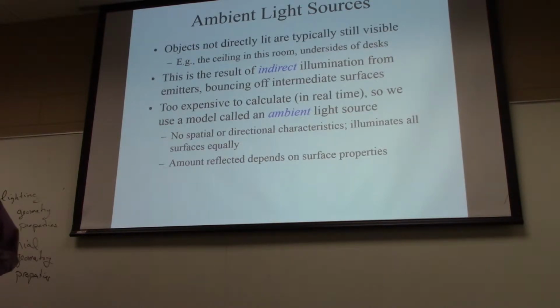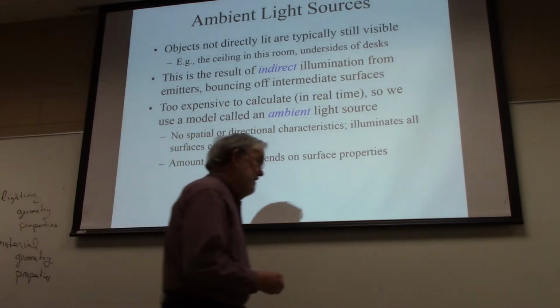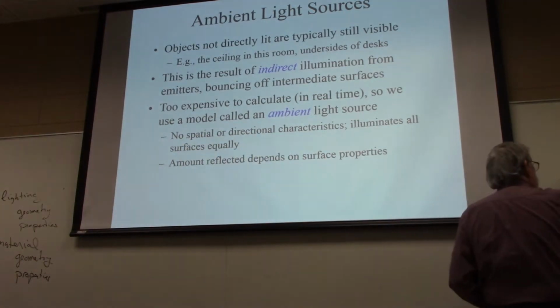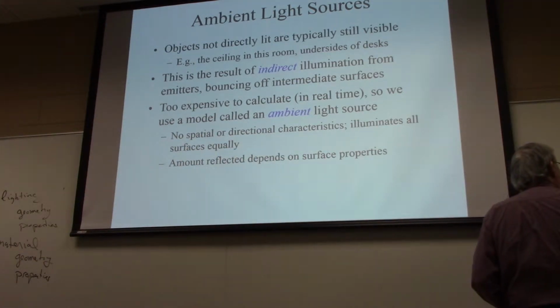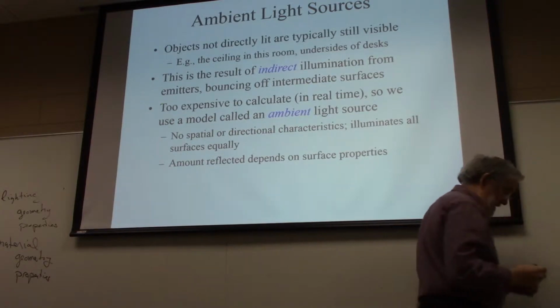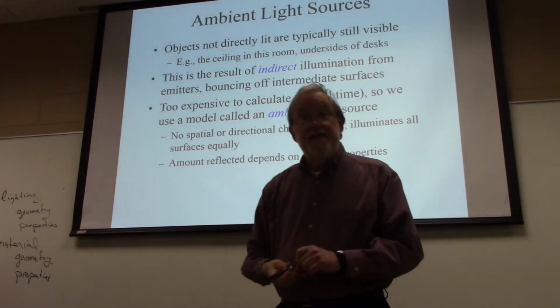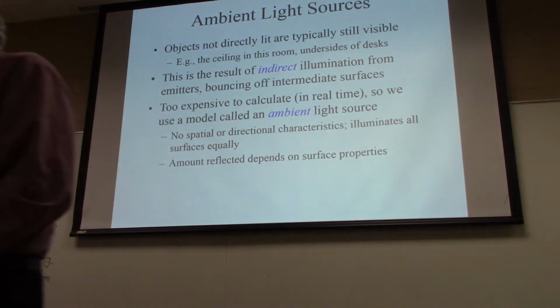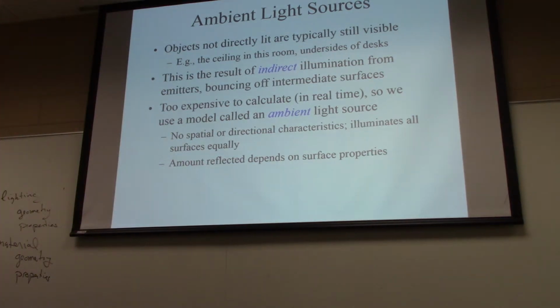Okay, ambient light sources. Talking about light that does not have a geometry, it does not have a direction associated with it, does not have a position associated with it. Basically, it's light that comes from everywhere and nowhere.